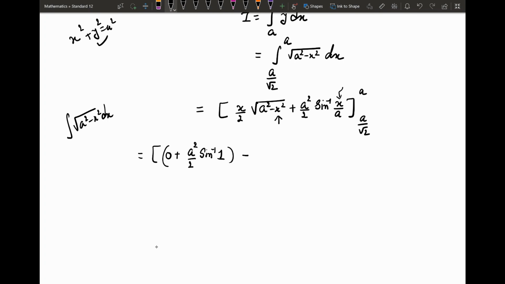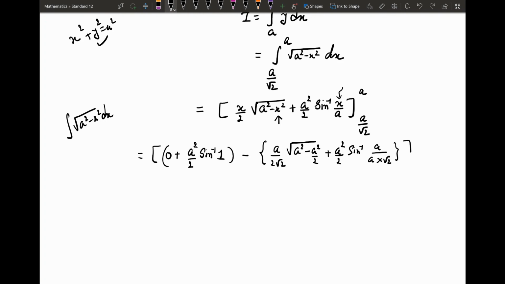Now put the lower limit, x equal to a upon root 2, so a upon 2 root 2 under root a square minus a square by 2, plus a square by 2 sine inverse 1 upon root 2.